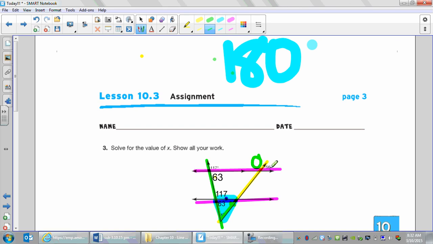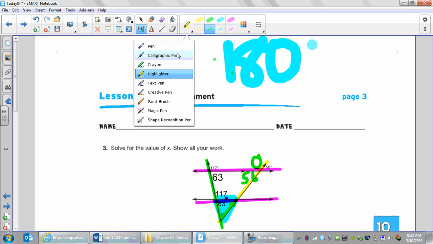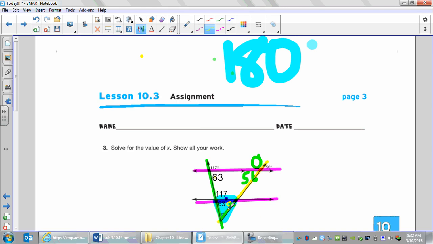Well, if I get whatever's here from this, 180 minus 56, and then figure out what this is, or look right here, vertical angles are congruent. What would this be? 56. This piece corresponds here, so right here would be 56. So you have a 63, 56, x triangle, and they have to add up to 180.